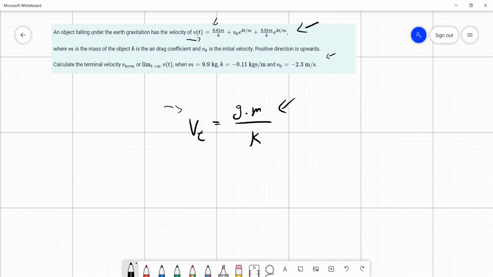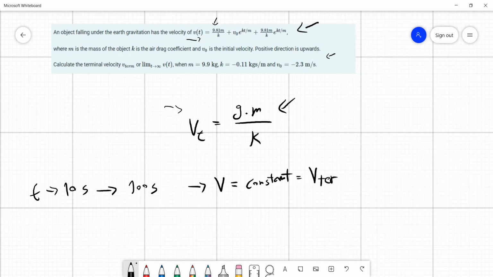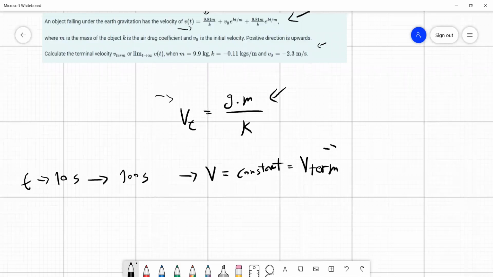Let's say we are in free fall for 10 seconds, and let's say that continues on even for 100 seconds. We concluded that at some time the velocity will be constant, and that velocity we call v terminal. Theoretically, v terminal is basically approaching v infinity, as time moves on towards infinity.